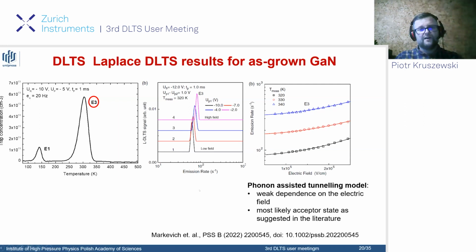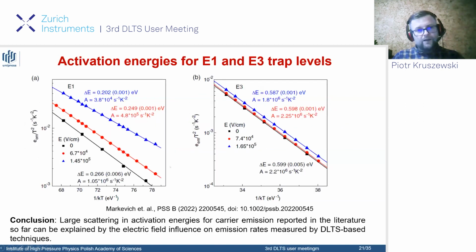So that was a very interesting point which we found last year, and it has a very nice consequence which you should remember. Here you can see the activation energies for those traps, and they are calculated for 3 different conditions, for 3 different electric fields present in the experiment.